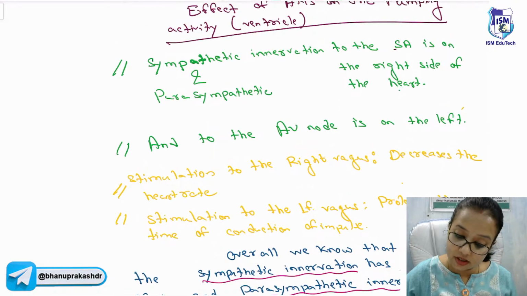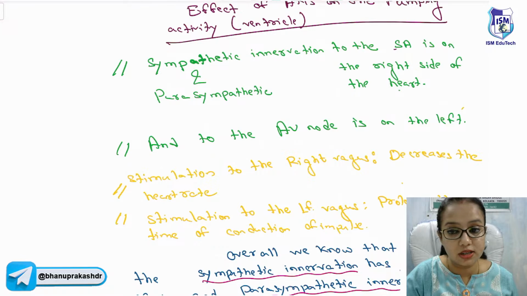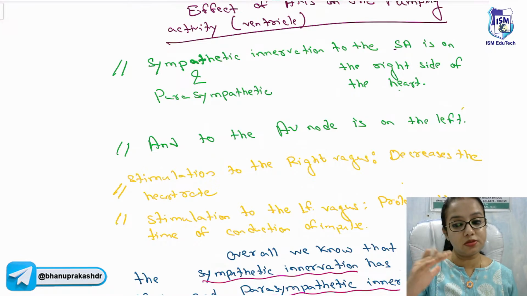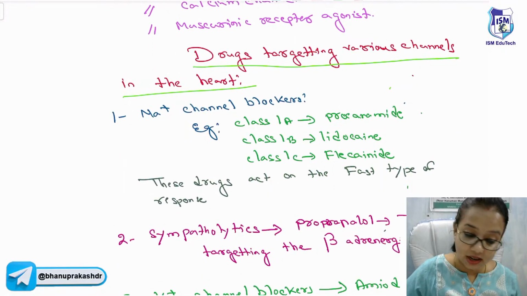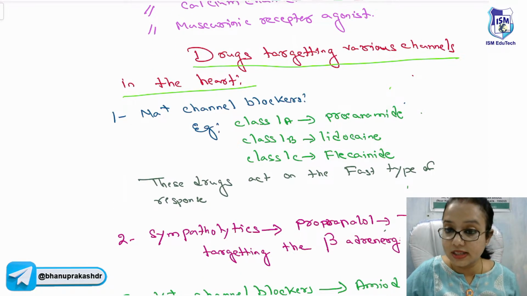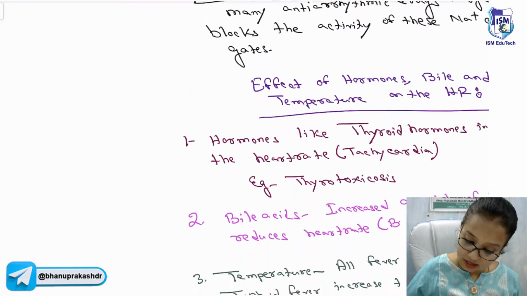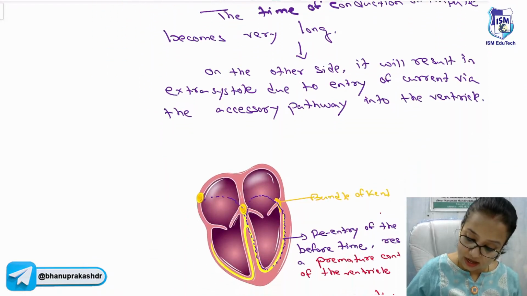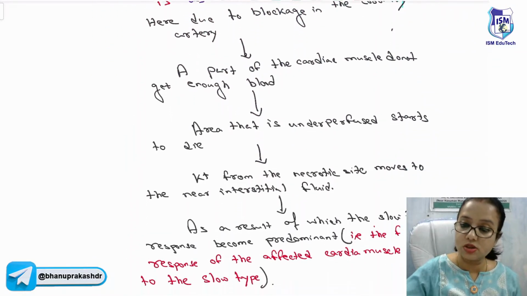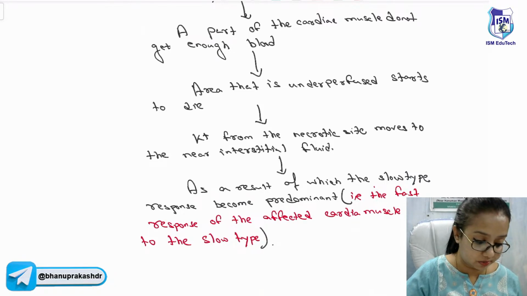Then we studied the effect of the autonomic nervous system branches, that is the stimulatory from the sympathetic and inhibitory from the parasympathetic in detail. Then the drugs that are targeting the various channels, and also at last we discussed the gate theory, followed by the effect of the hormone, pH and temperature, and lastly we discussed two clinical cases in context to the conducting system.